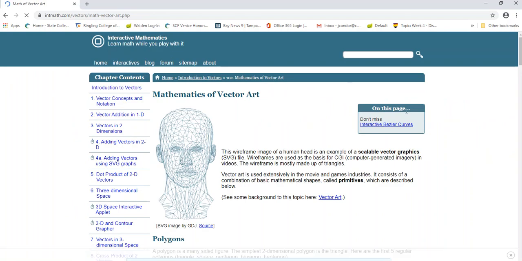On this link, they talk a little bit about how, like in animation, you have these wire frames that you use. They're scalable vector graphics, and because they're defined by geometries, they say these basic mathematical shapes are called primitives.